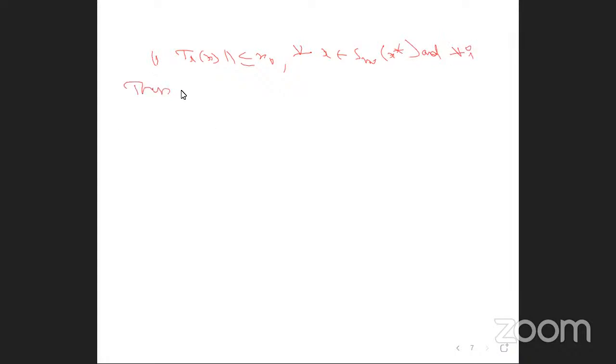Then S(x star, r naught) is a closed neighborhood with x star as center and radius r naught.